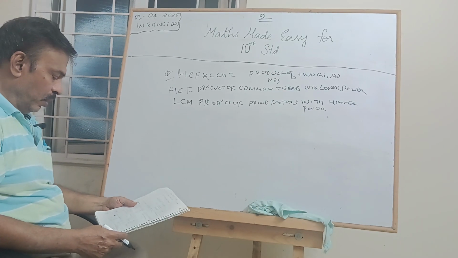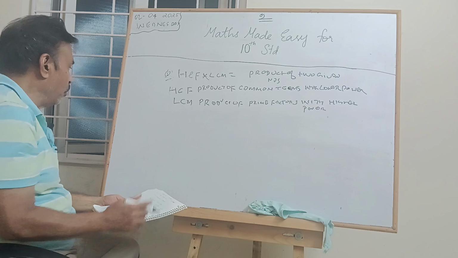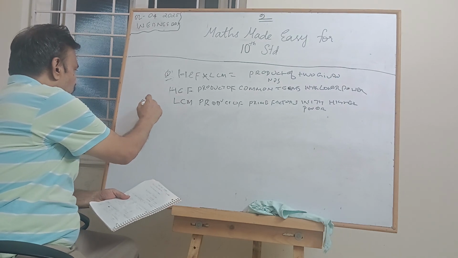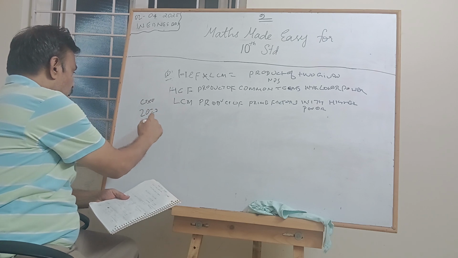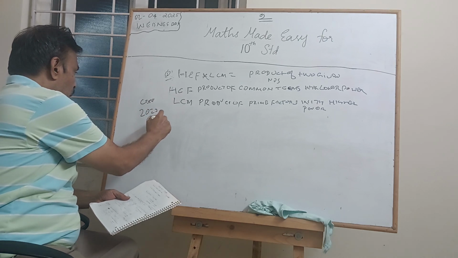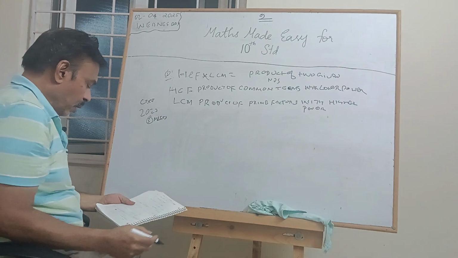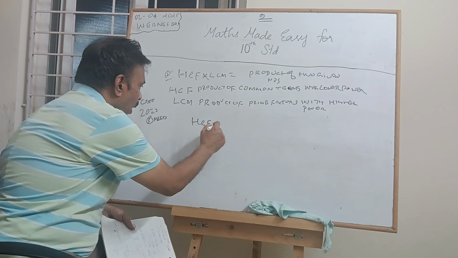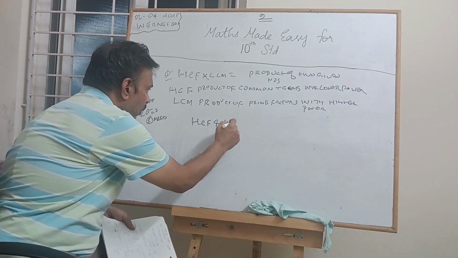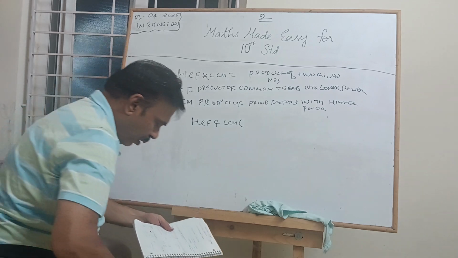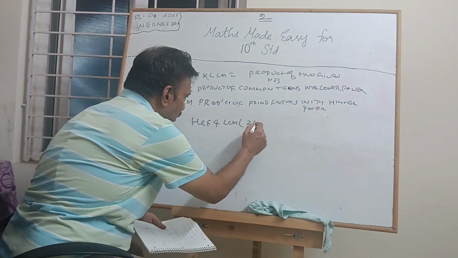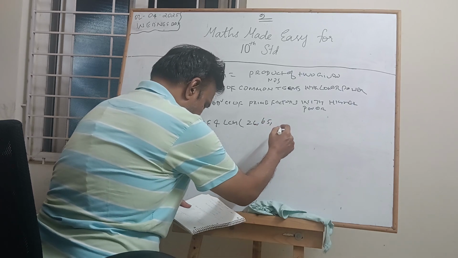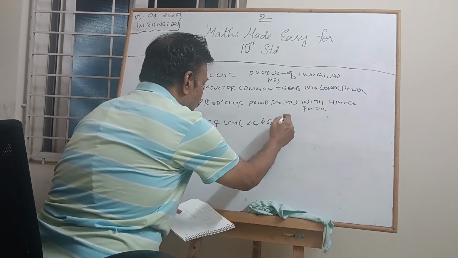Okay, next. Again, a CBSE 2023 problem, a 3 marks question. That is to find the HCF and LCM of 26, 65 and 117.